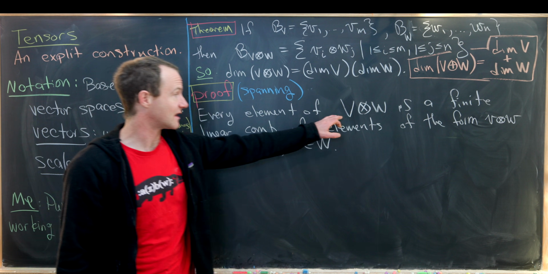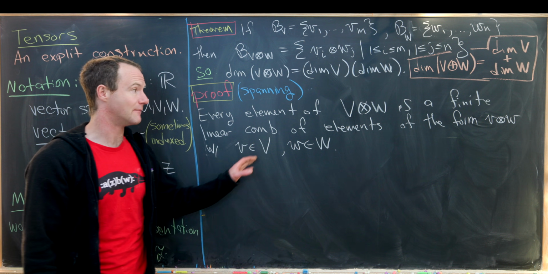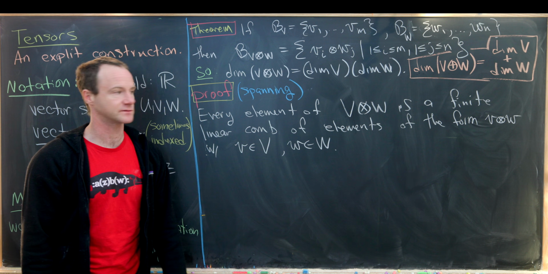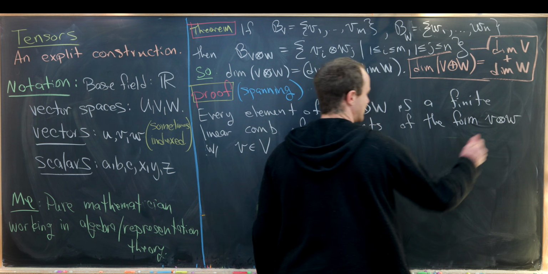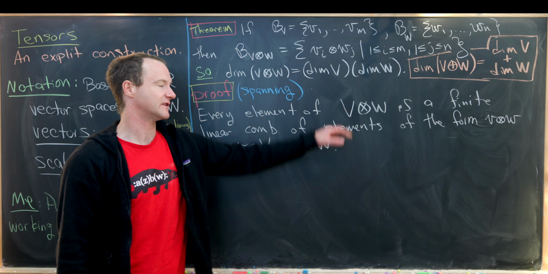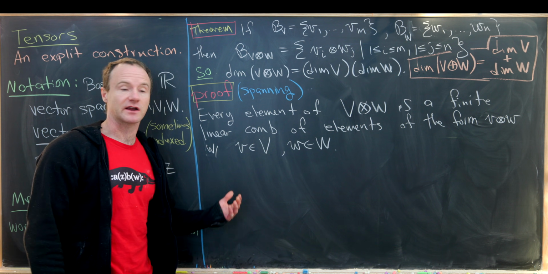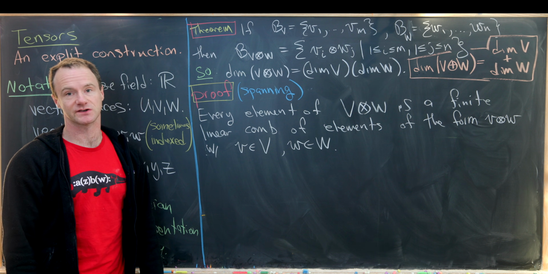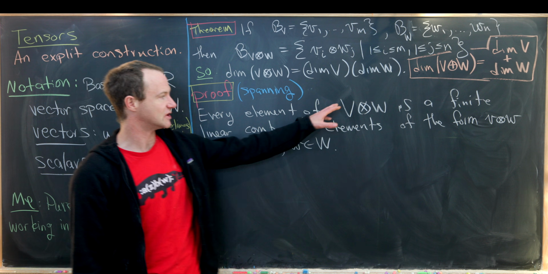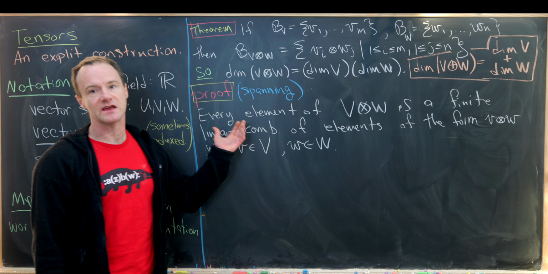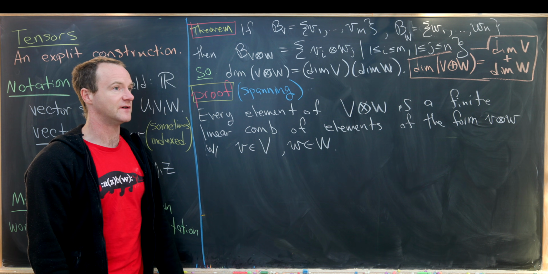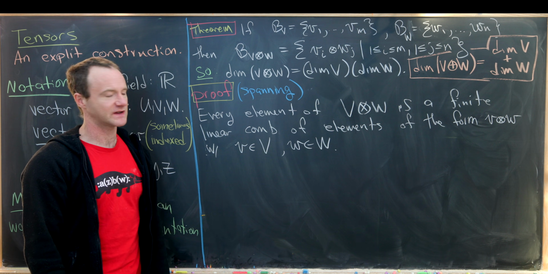I said every element is a finite linear combination of elements of these forms. This is called a simple tensor, and every element of a tensor product is a linear combination of simple tensors. And that comes from the definition of this tensor product via the quotient of the formal product like we've seen.